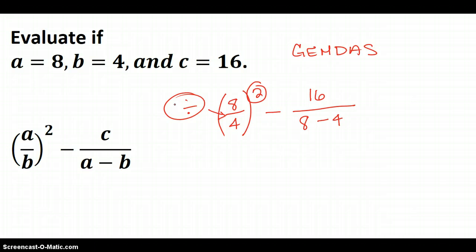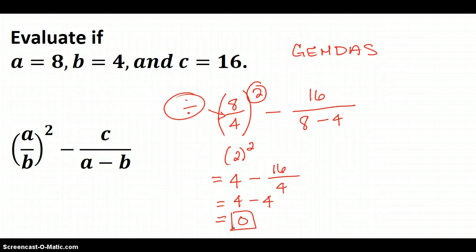So I can operate within the parentheses. 8 divided by 4 is 2, so 2 squared is 4. Now I'm going to come over here, and my 16 is just there. 8 minus 4 is 4. 4 minus 4, and look at that. My answer is 0.